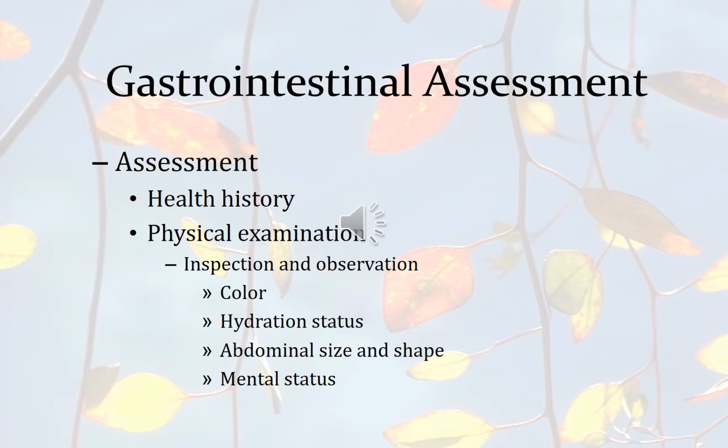Main assessment pieces: get the health history of the patient, and their past history if possible, depending on the age and how much history they'll have. Get family history, because IBD, IBS, and food allergies are all hereditary or can be.